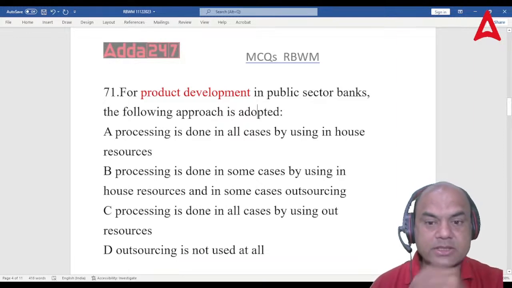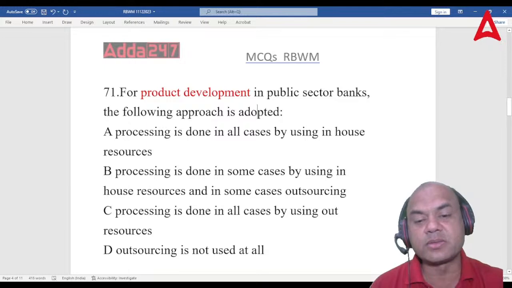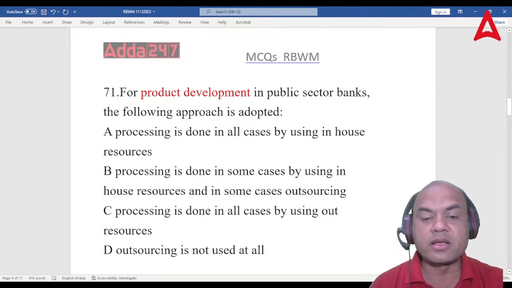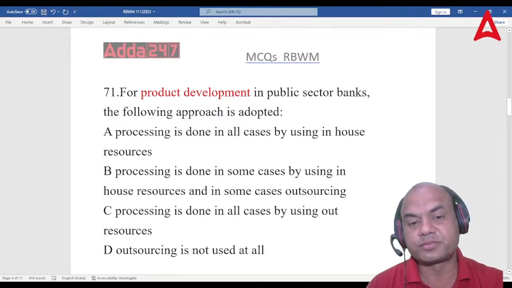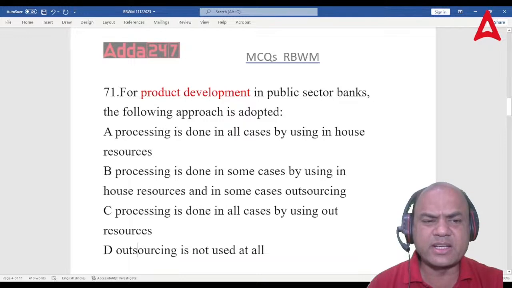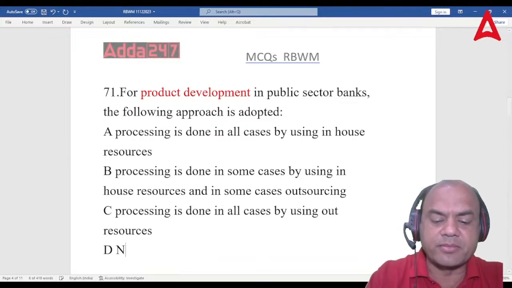B: Processing is done in some cases by using in-house and some outsource. C: Complete outsource. And D: Outsourcing is not used at all. So A and D seem to be the same answers, both say in-house resources. We'll change this.